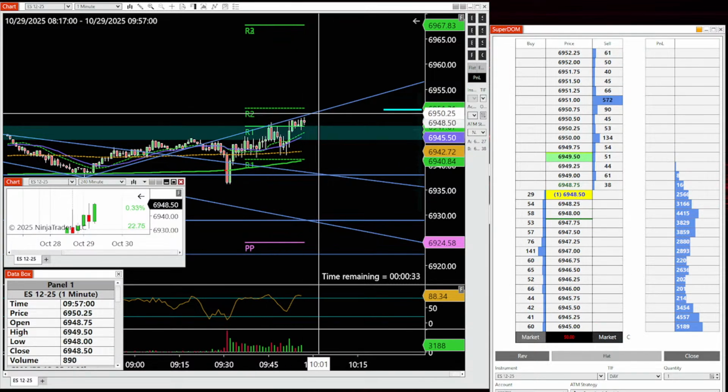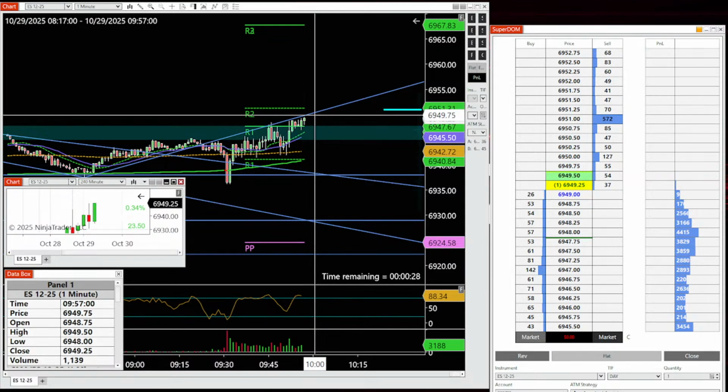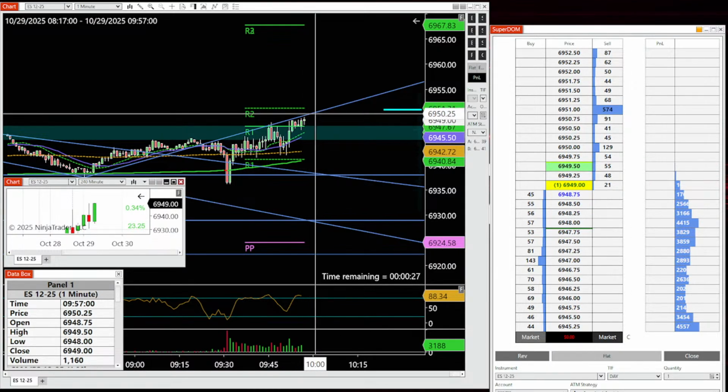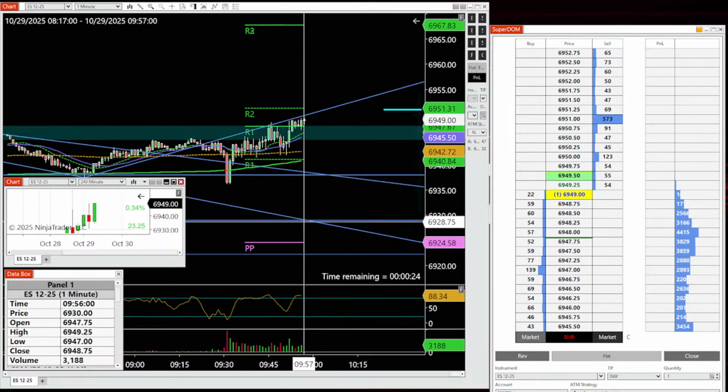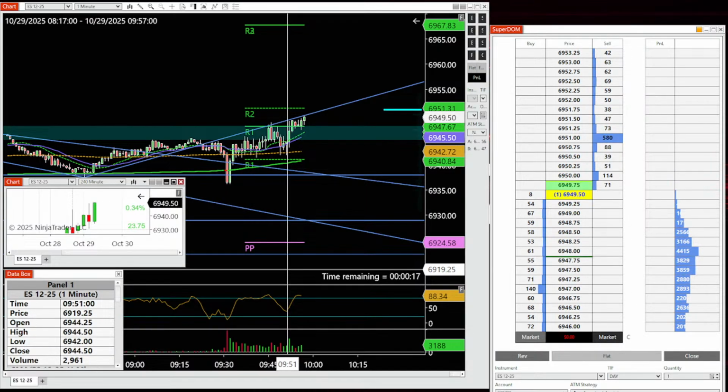Trending this trend line up here. Okay, testing 50, testing 50, testing 50, 50 and a quarter.